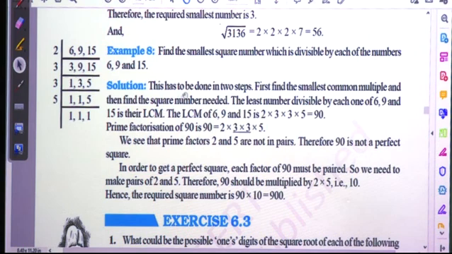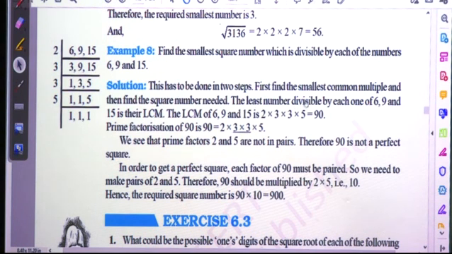What is explained to us in the solution? This has to be done in 2 steps. First, find the smallest common multiple and then find the square number needed.